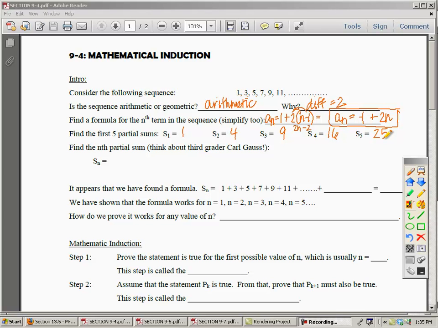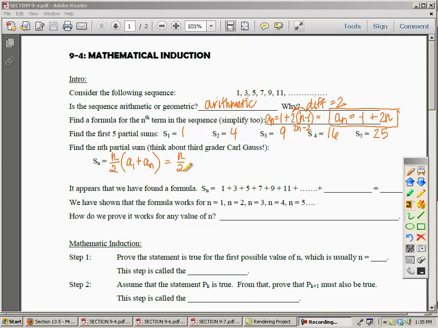Now, if I want to find the nth partial sum, we talked about how Gauss was able to get this in a few moments. Our formula is n over 2 times the first term plus the nth term. And my goal is to simplify this. Okay, now I'm going to use my nth term above. So here's how it works.